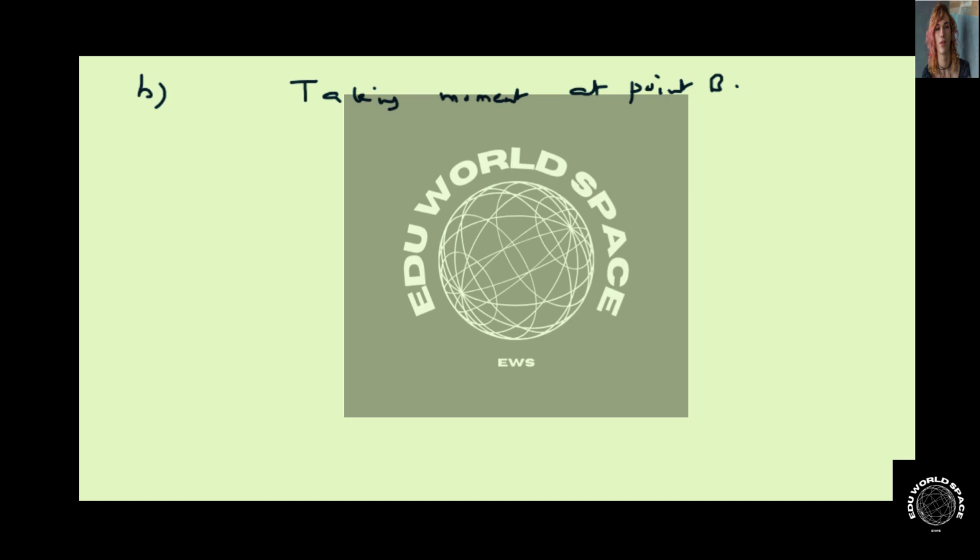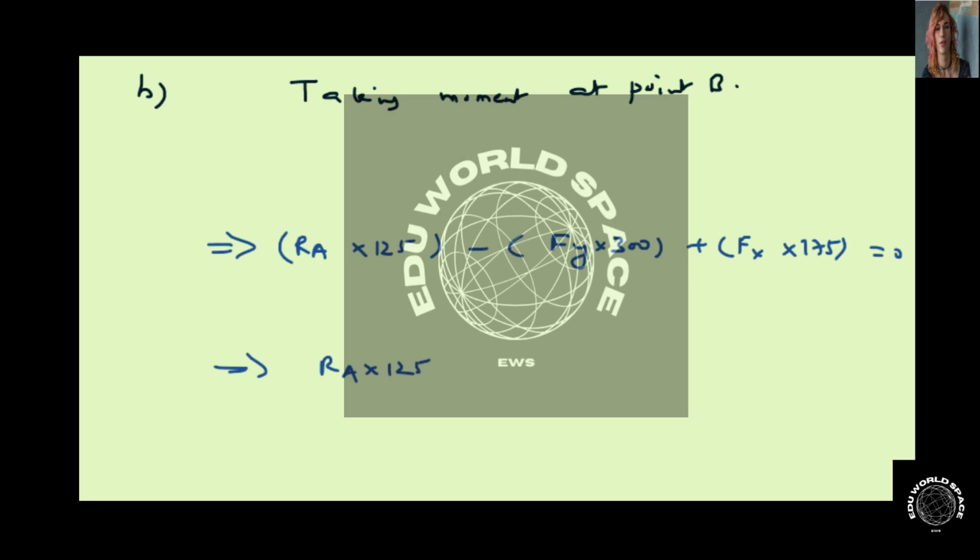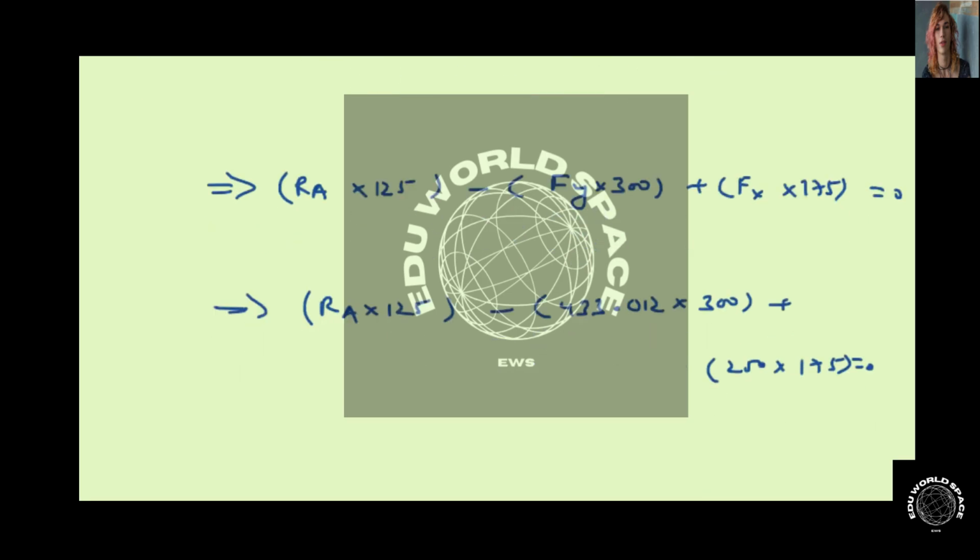So you can write the next expression as Ra multiplication 125 minus Fy multiplication 300 plus Fx multiplication 175 is equal to 0, or Ra multiplication 125 minus 433.012 multiplication 300 plus 250 multiplication 175 is equal to 0.